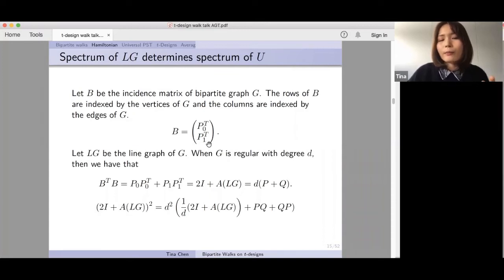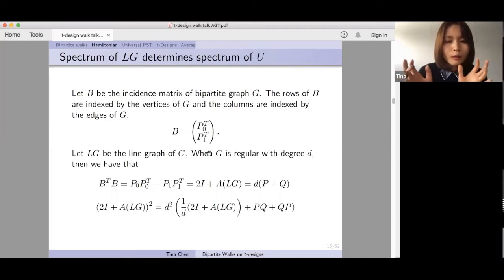If vertex i is an end of an edge j, then the ij entry of the incidence matrix equals 1. So we can see the incidence matrix of a bipartite graph can be written in terms of P0 and P1, which are the characteristic matrices we defined based on the partition of our bipartite graph.